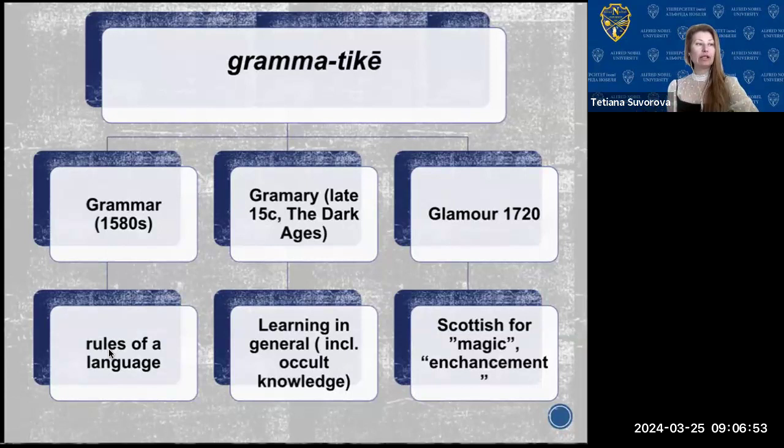Okay, then additionally, grammary, this is the word which appeared and was fixed in the Dark Ages around the 15th century, when the flourishing of occult knowledge was welcomed, and generally the study in private lessons.